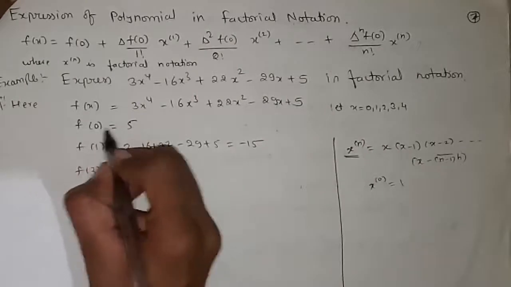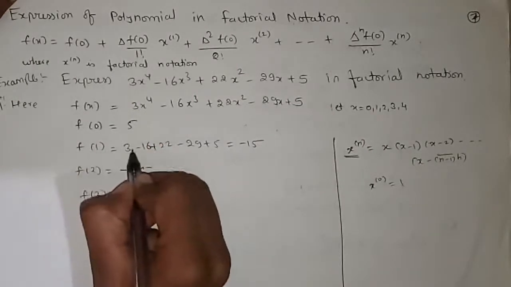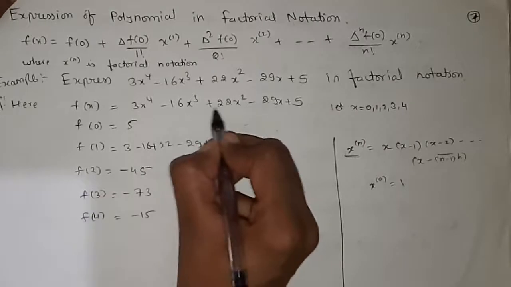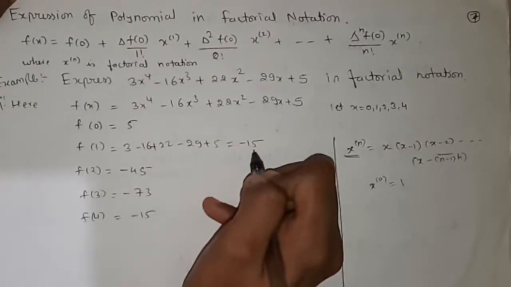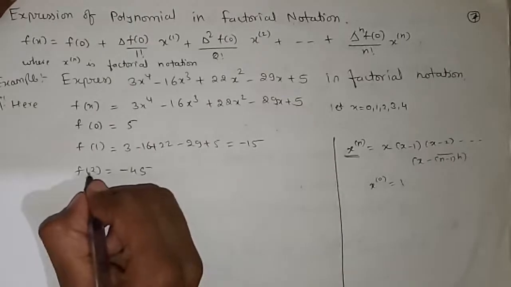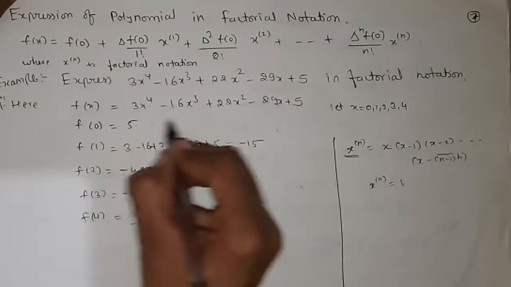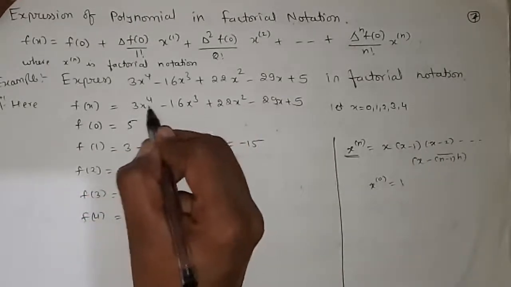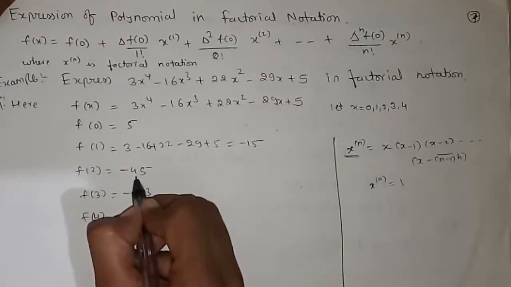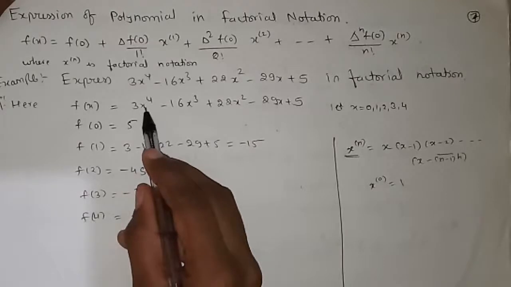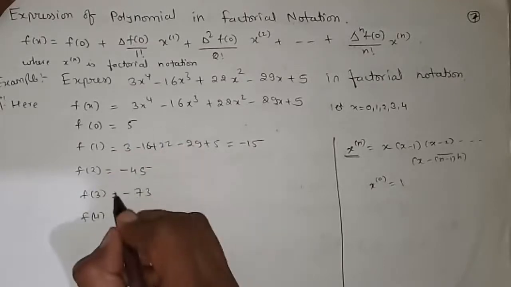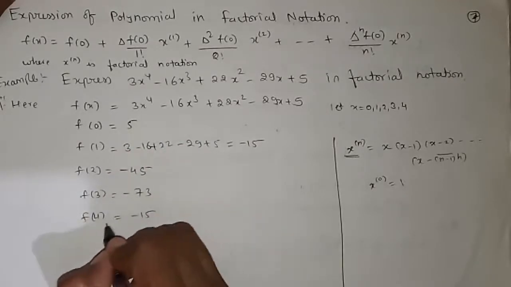So f of 0 is 5. f of 1 is 3 minus 16 plus 22 minus 29 plus 5, which is equal to minus 15. Again, if we put x as 2, then we get f of 2 equal to minus 45. If we write x equal to 3, then we get f of 3 equal to minus 73.